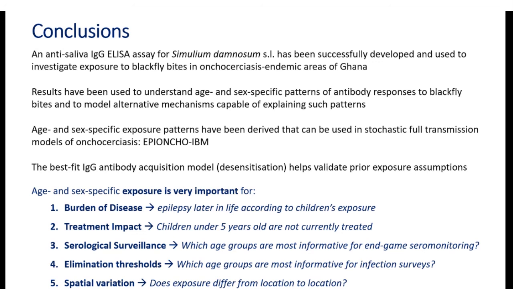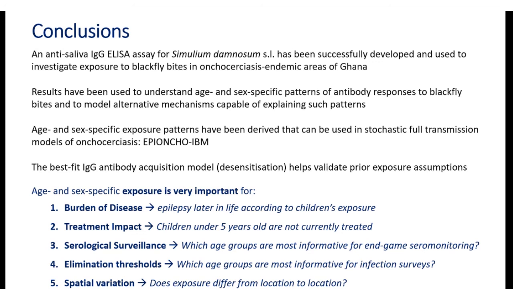Well, we have implications for the burden of disease. As you saw, if exposure is greater earlier in life, that will have implications, for example, for the development of onchocerciasis-associated epilepsy later in life. And this very much depends on children's exposure and accumulation of infection.